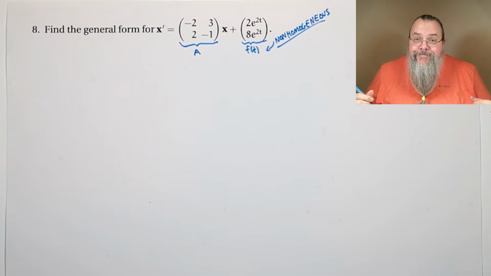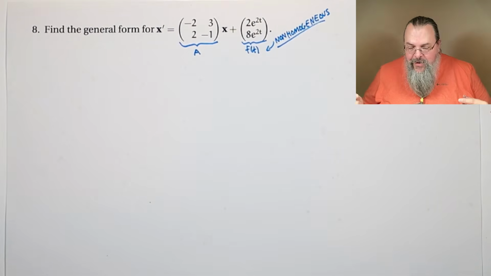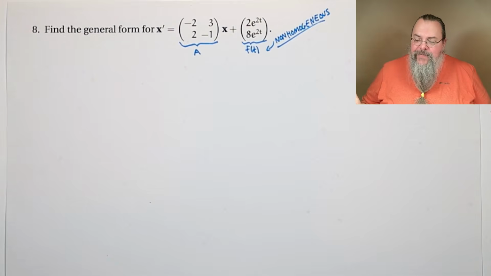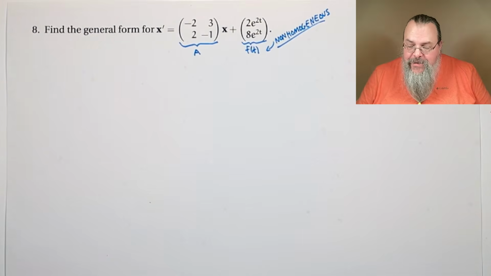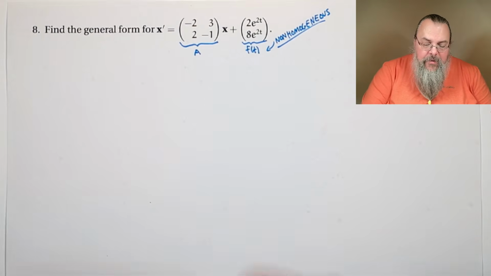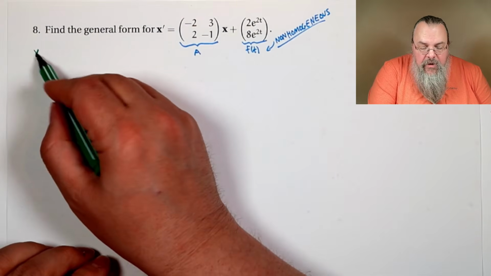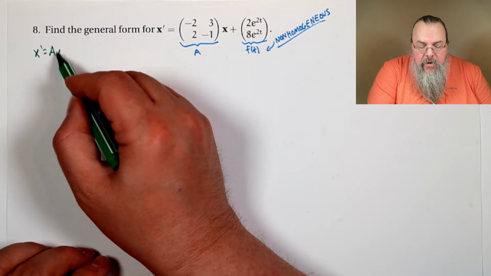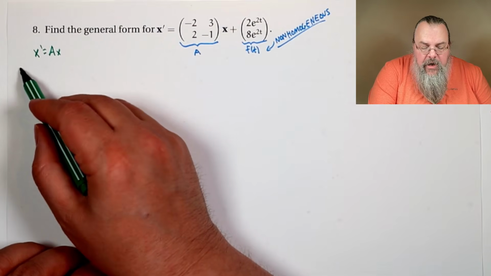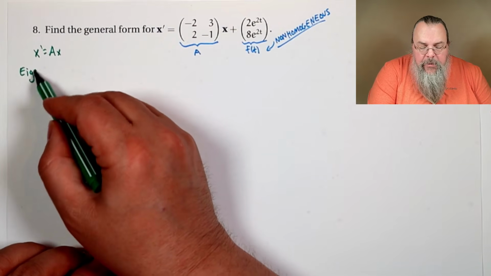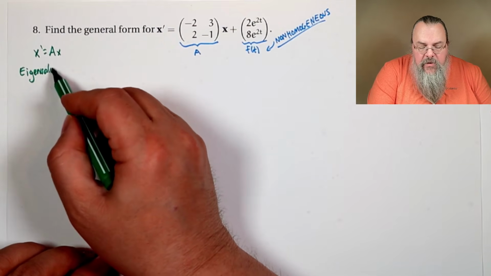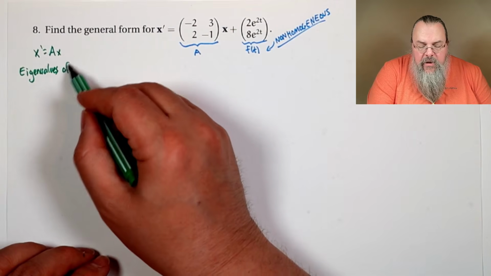So what do we do? Well, the first thing is you have to look at the homogeneous piece of it and say, okay, well, let's focus on the x prime equals Ax. And for that, we say, well, start with the eigenvalues, because that will tell you how to proceed. So what are the eigenvalues of A?